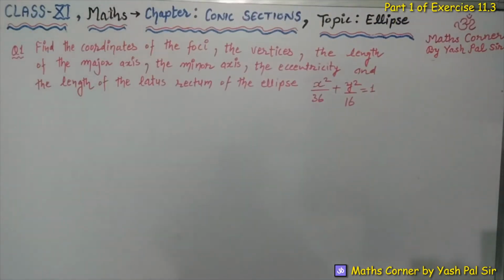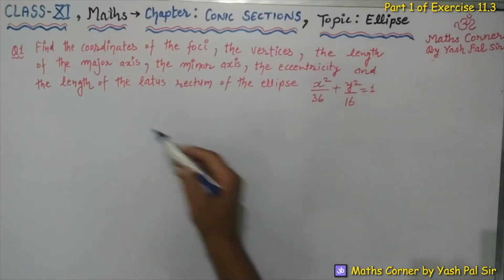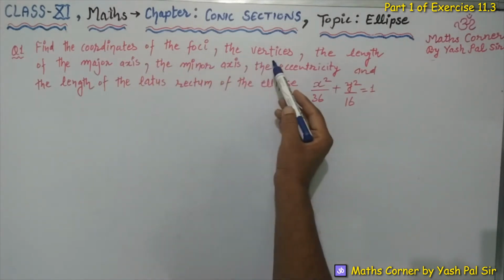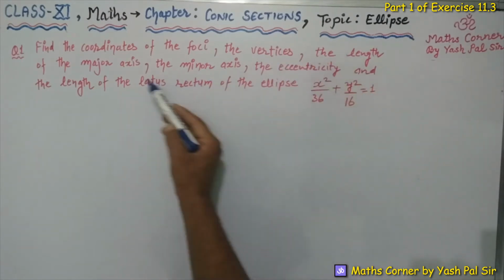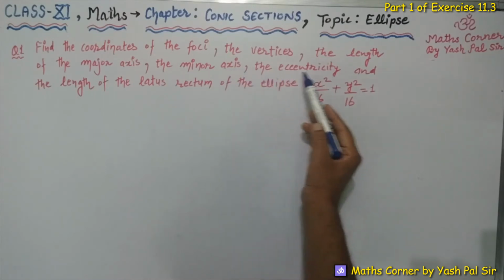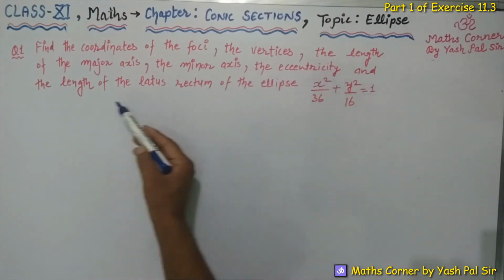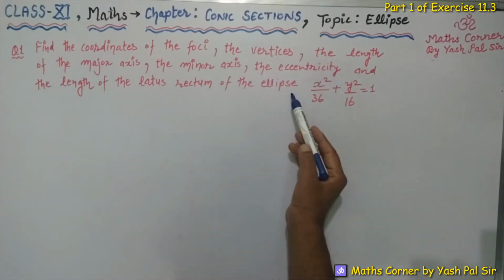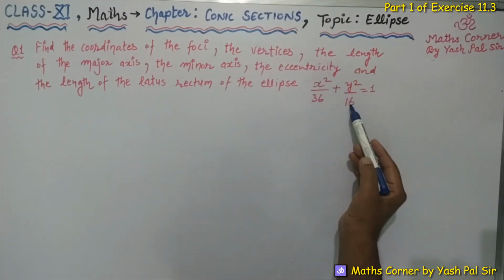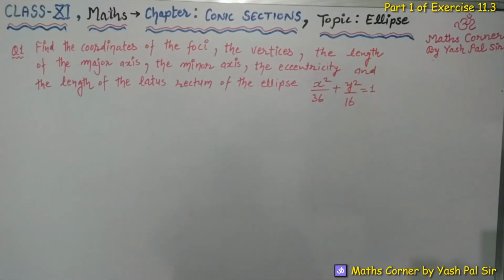The very first question of the exercise is: find the coordinates of the foci, the vertices, the length of the major axis, the minor axis, the eccentricity, and the length of the latus rectum of the ellipse x square upon 36 plus y square upon 16 is equal to 1.